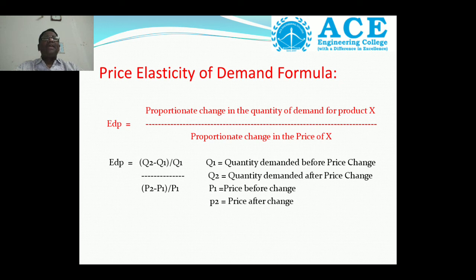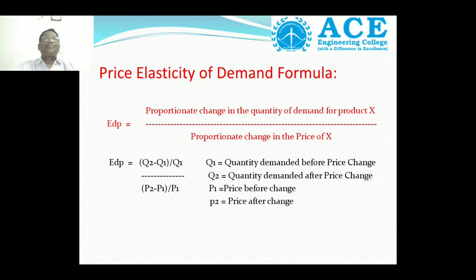So what is the meaning of Q1? Q1 means quantity demanded before the price changes. Q2 means quantity demanded after the price changes. P1 is the price before the change, P2 is the price after the change.